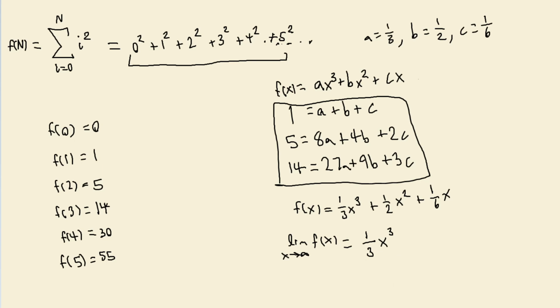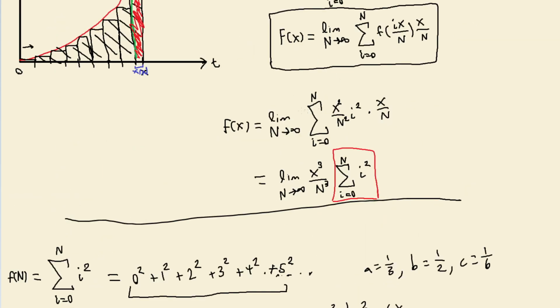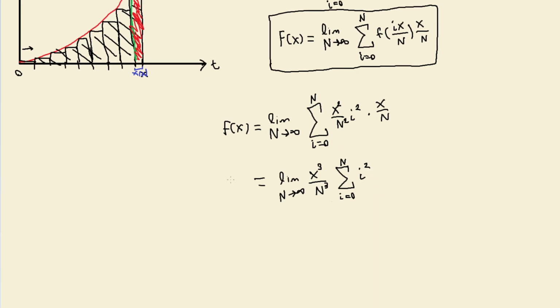And so we can actually use this and plug it into our equation above, instead of this series here. If we plug that in, we have a sum going from 0 to n, so we have to do this in terms of n. Let me clean this up really quick. We take the limit as n approaches infinity of this expression.